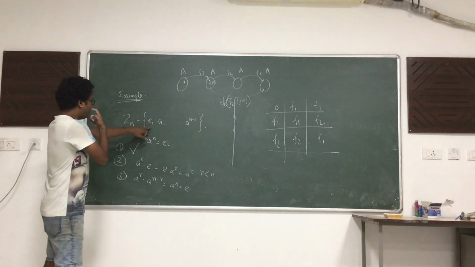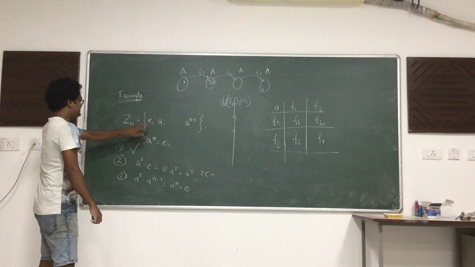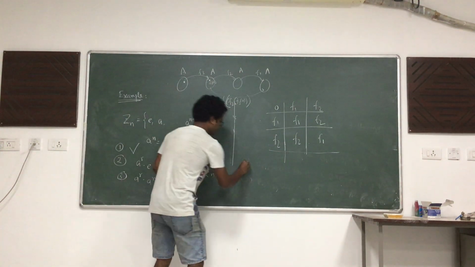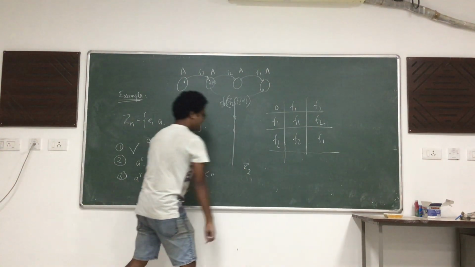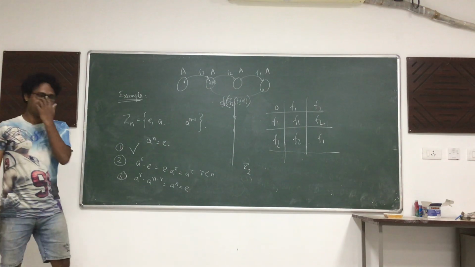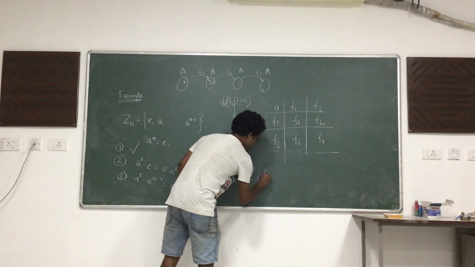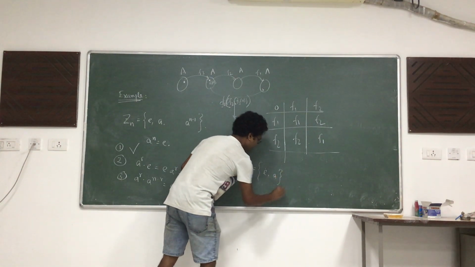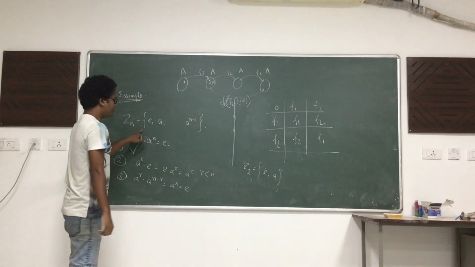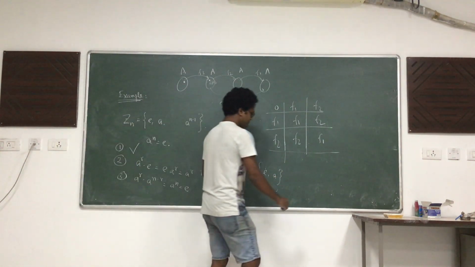Okay. Now, one important thing, let's say we consider Z2 here. How many elements are there in Z2? And what is the multiplication table here?